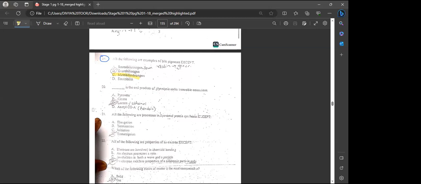Which is the end product of glycolysis under anaerobic conditions? That's lactate.